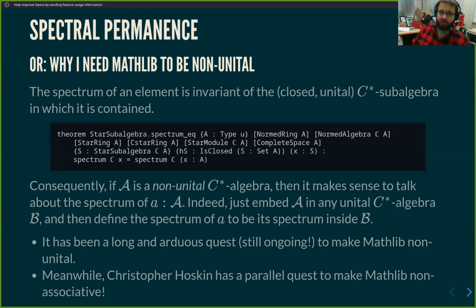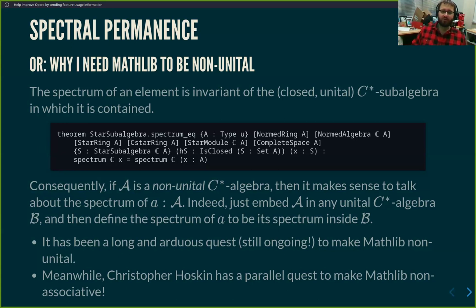And so this property is the thing that allows you to talk about the spectrum of an element in a non-unital C-star algebra. This is sort of a weird concept because the spectrum is the set of values r in the scalar ring such that r times 1 minus your element a is not invertible, but that wouldn't make any sense in a non-unital algebra because there is no unit, so you can't even talk about inverses.